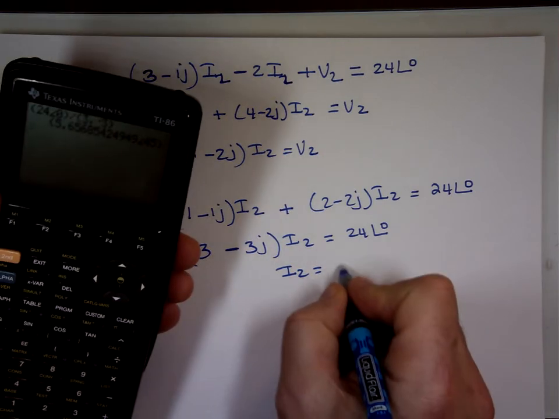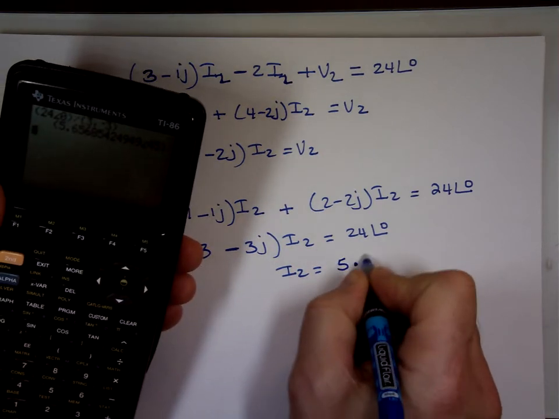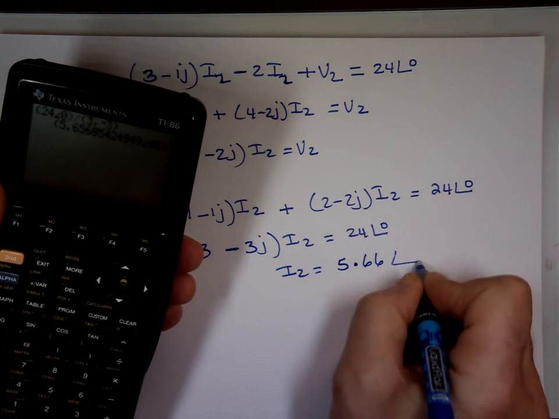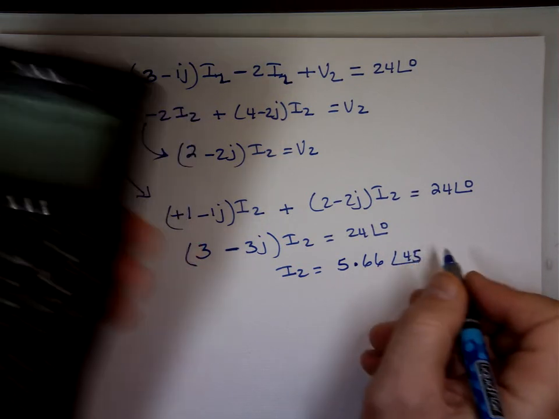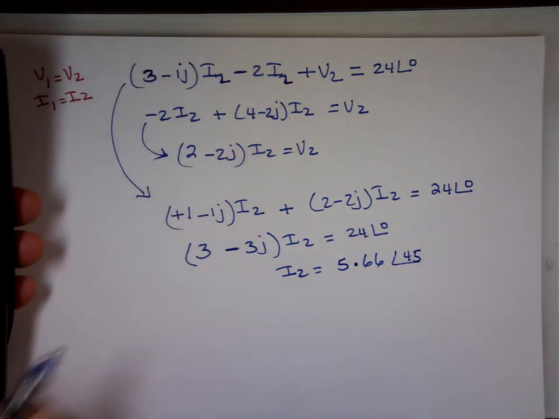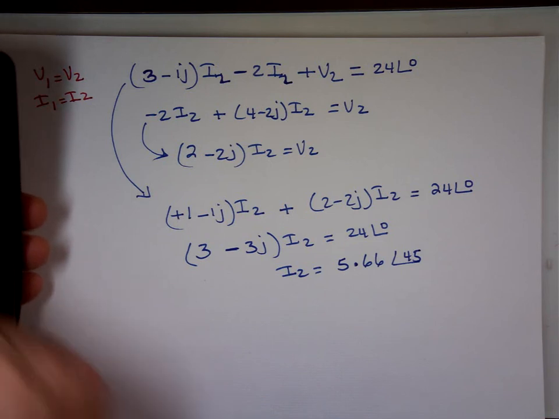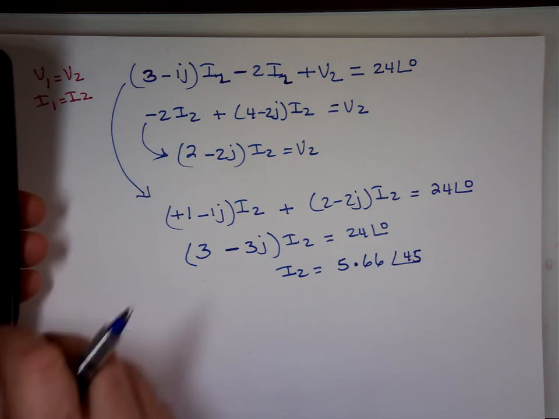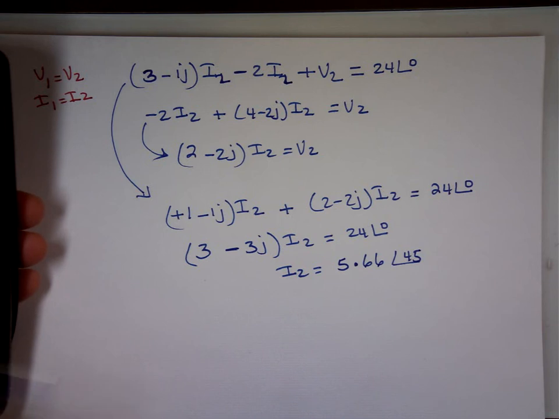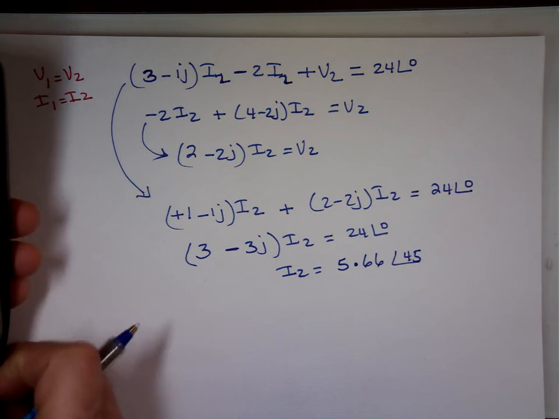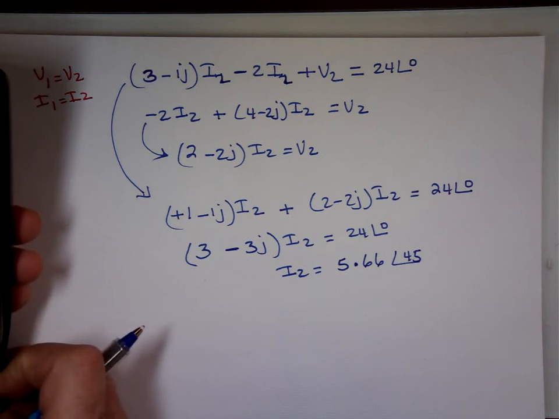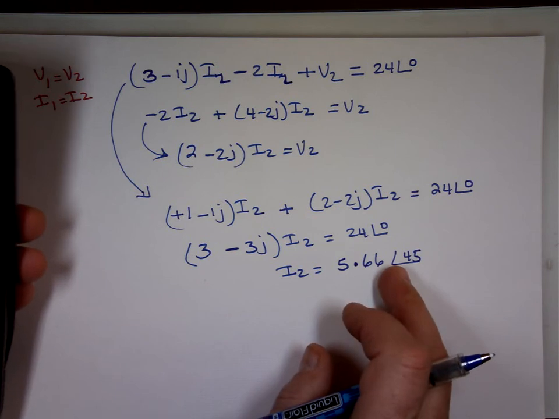As I said before, I'm not good with calculators. I'll double check it. That's what I got. But let me just do it one more time. 24 angle 0 divided by 3 comma negative 3. 5.66 angle 45. So what is V out?